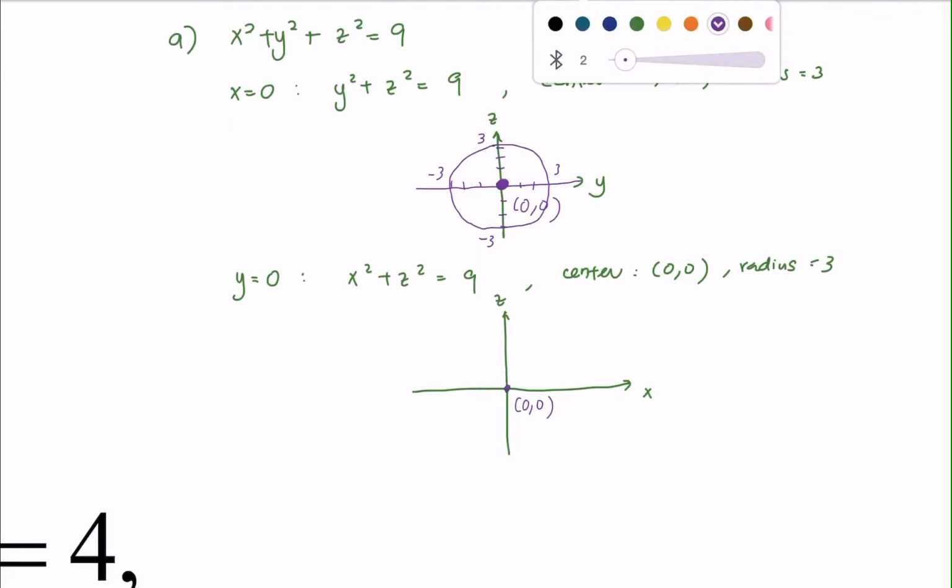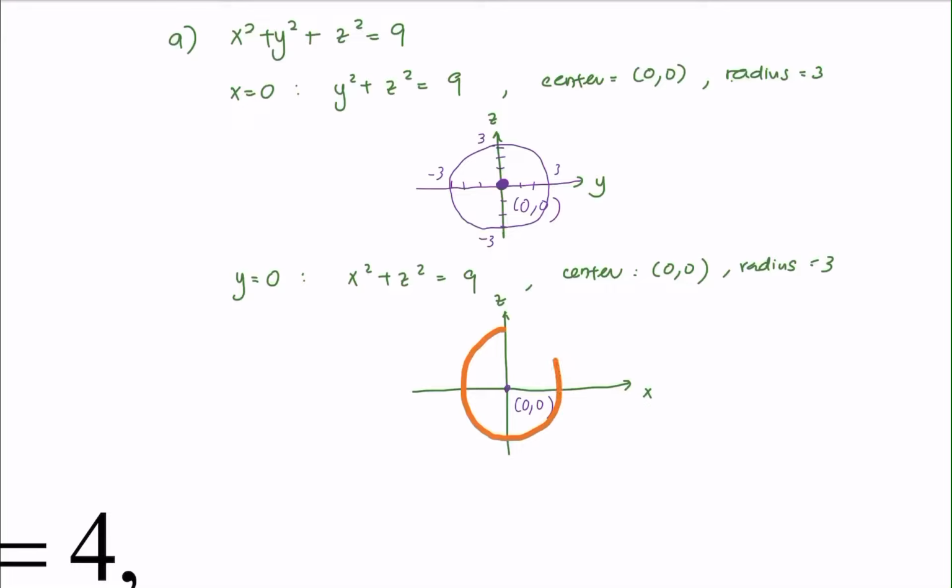Let's use a different color, say orange. So you will have 3 here, minus 3 here, 3 here, and minus 3 here.